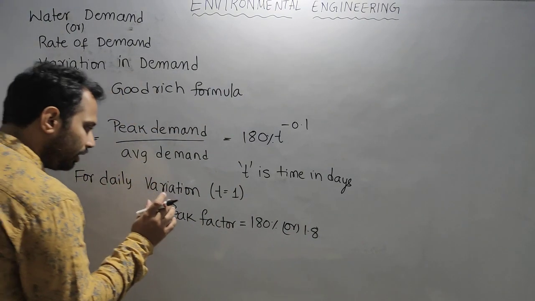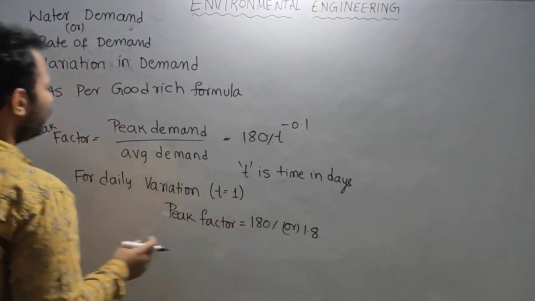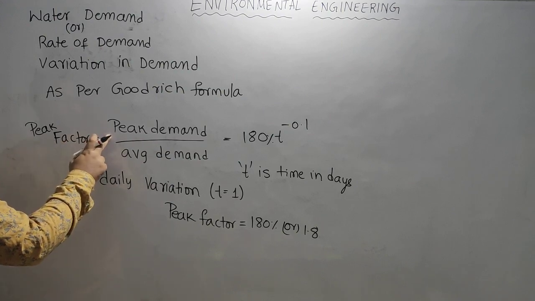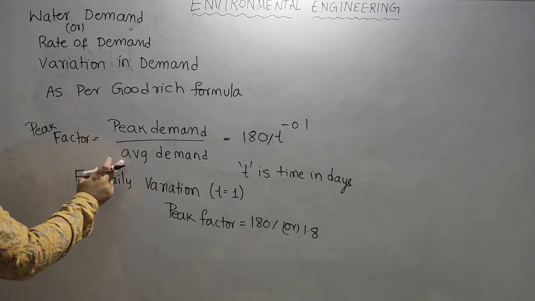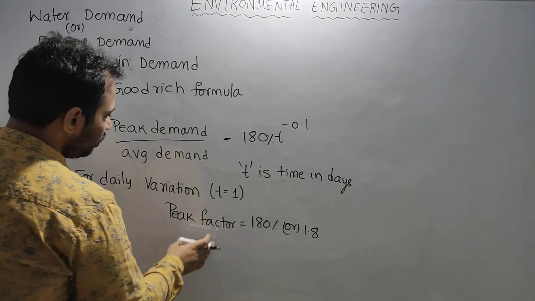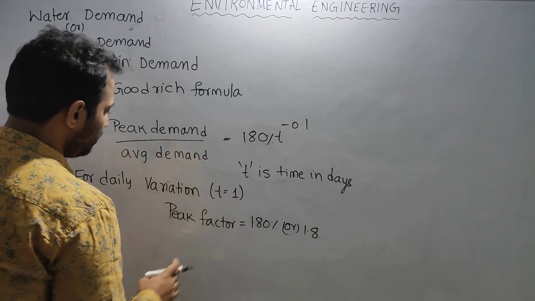The peak factor is 1.8, where peak demand is taken as maximum daily demand and average demand is taken as average daily demand. So this peak factor is for daily basis.